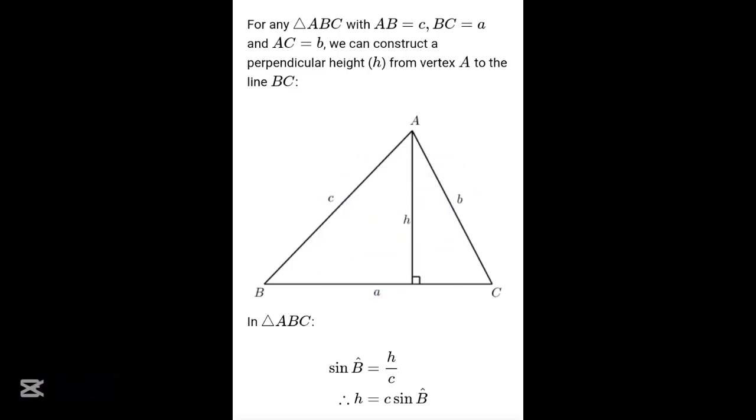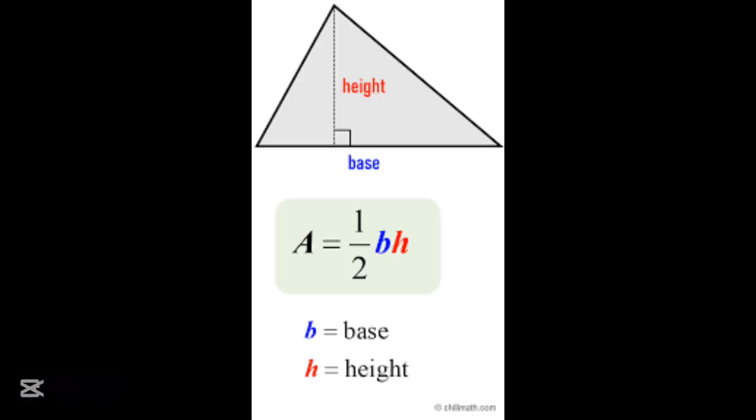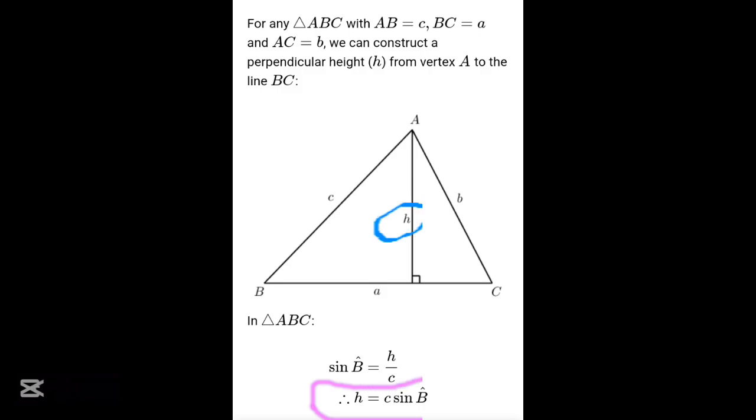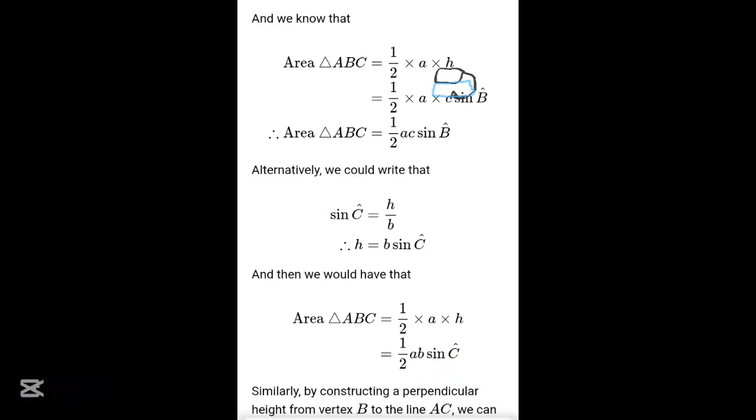By the aid of trigonometry, the sine of angle B is equal to the opposite side of the angle, which is the perpendicular height h, over the hypotenuse c, and by making h the subject of the formula, h equals c sin B. Since by now we already know that the area of a triangle is equal to half breadth times perpendicular height, our perpendicular height h in this case is equal to c sin B, and our breadth is a. Hence giving us a times perpendicular height h, further giving us a times c sin B.